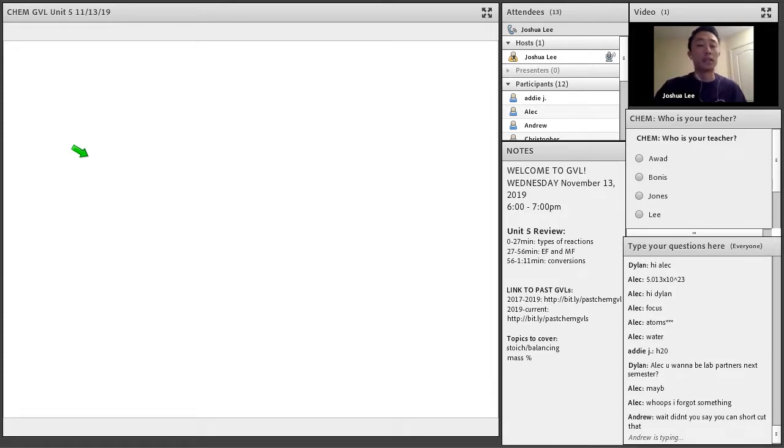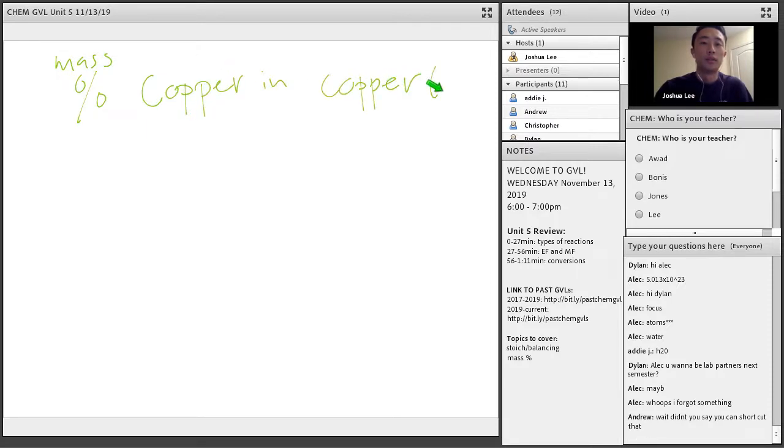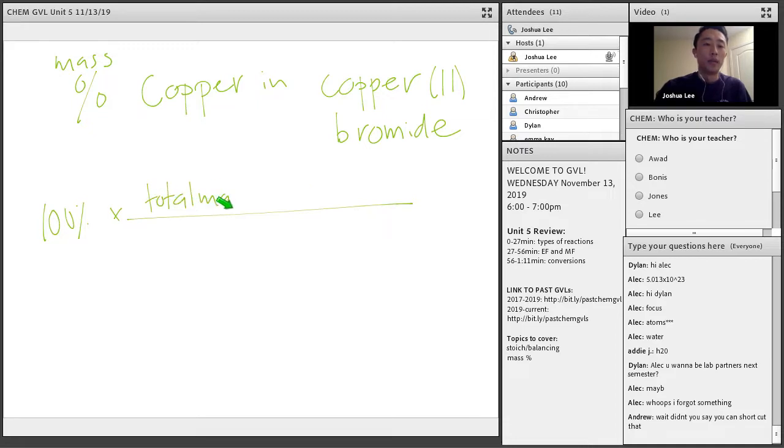If I wanted to ask you what is the mass percent of copper in copper bromide? All you have to do is 100% times total mass of what you're looking for, divided by the total mass of the whole thing.